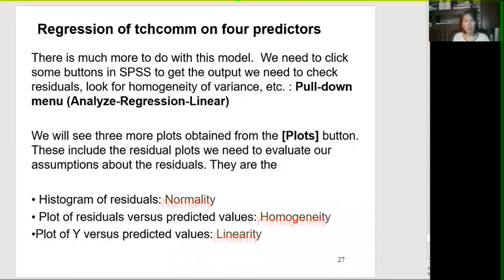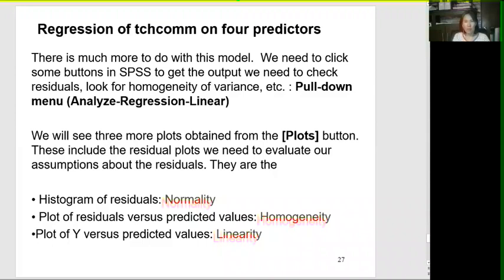We will see 3 more plots obtained from the plot button. These include the residual plots. We need to evaluate our assumptions about the residuals. Yes, residual assumption checking is really, really important, right? And I gave you exam cheat sheet, so practice with that for SPSS program.